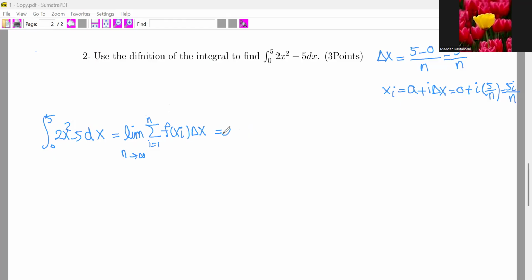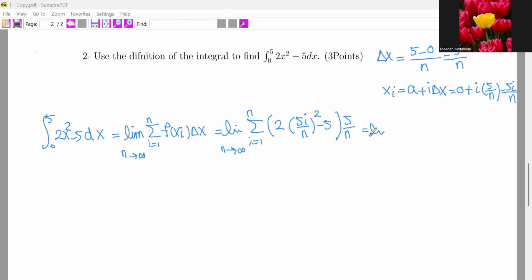We know that limit and sigma are just here, 1 to n. When n is approaching infinity, it will be 2 times 5i over n, according to x sub i, squared minus 5 times delta x, which is 5 over n.